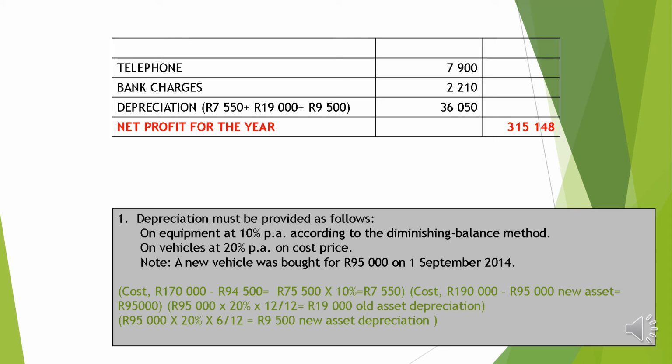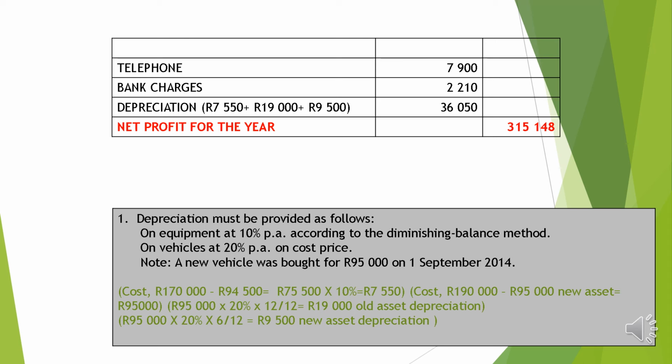Then for vehicles, we are also told that a new vehicle was bought for 95,000 rands on 1 September. So the historical cost of vehicles is inclusive of old vehicles and new vehicles. Why do I say that? It's because we are given balances as per 28 February, but also we are told that on 1 September we bought an asset.